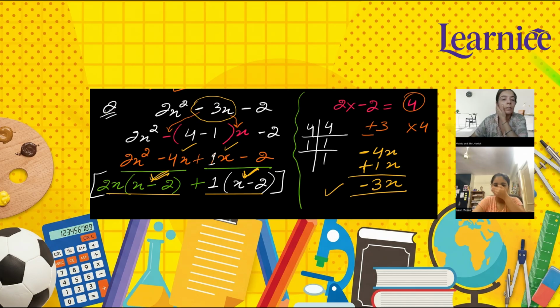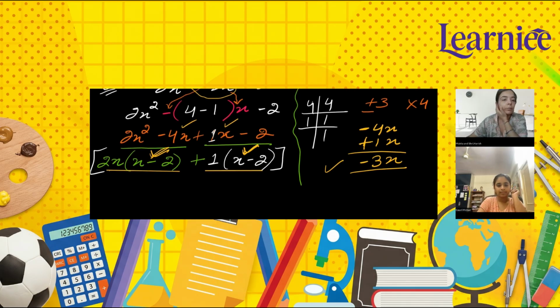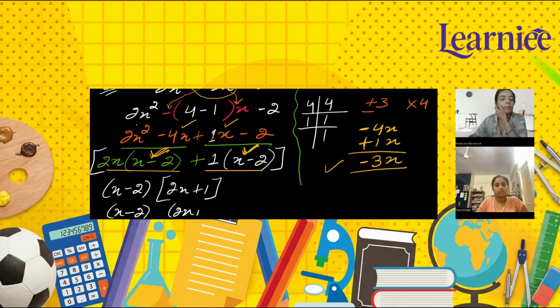Here it doesn't matter because ultimately it will become a bracket. But why am I writing it first? Because I'm taking x minus 2 common. So in the second bracket, I was left with 2x plus 1. That's why I was writing x minus 2 first and 2x plus 1 next. But it doesn't matter. But it's good if you follow the order, right? Yeah, it's easy.